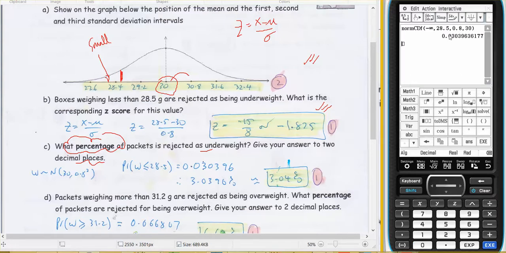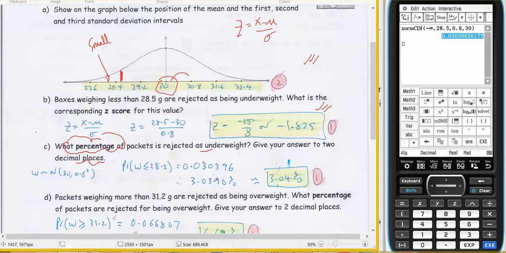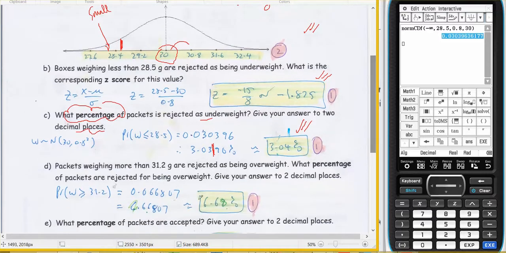And that gives me that value, which is 3.0396, which becomes 3.04%.